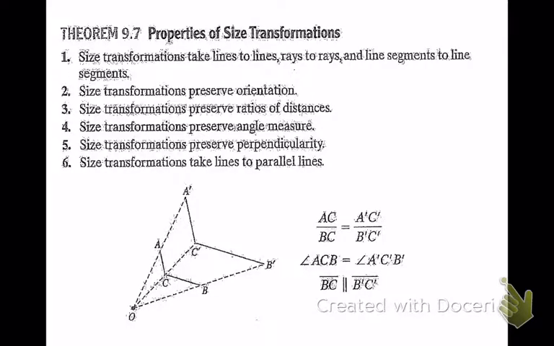And what that last part means, about they take lines to parallel lines, in this size transformation, AC over BC equaled A prime C prime over B prime C prime. Alright?